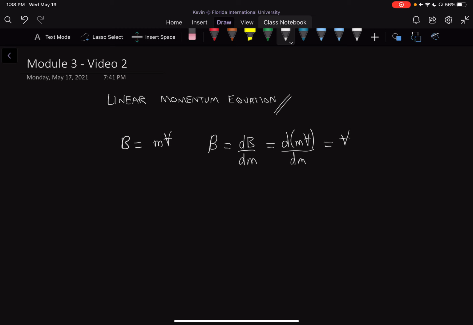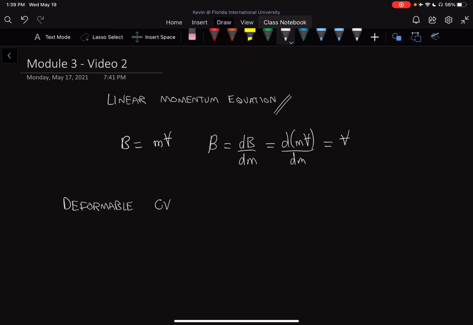In our most general sense of the equation, we can start with a deformable control volume just to keep it the most complex possible, and then we'll simplify it later.